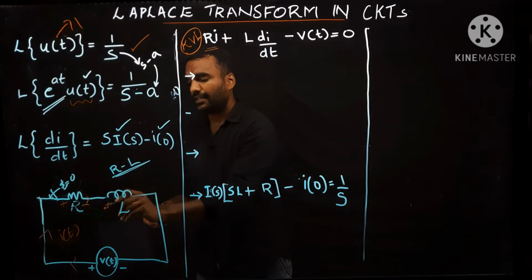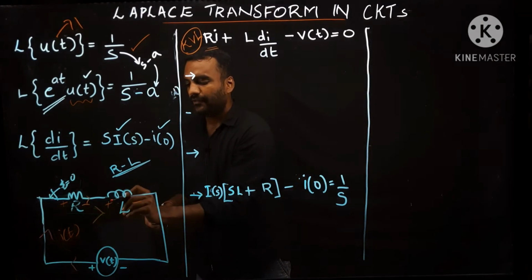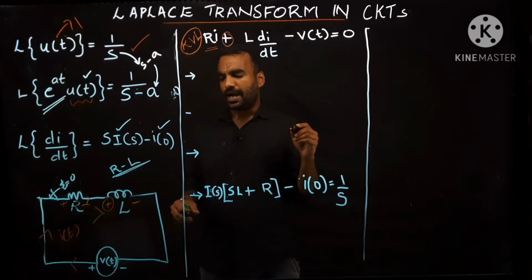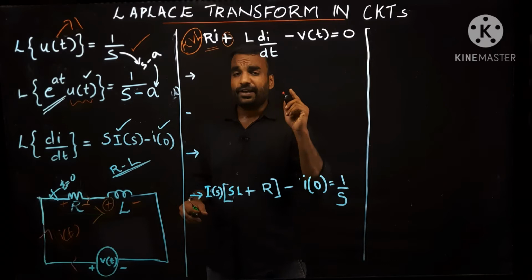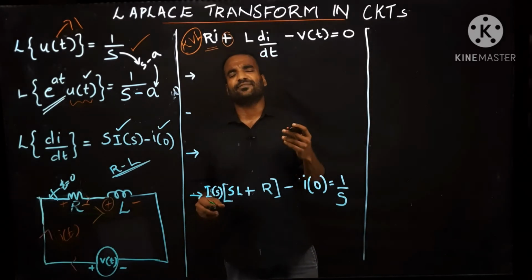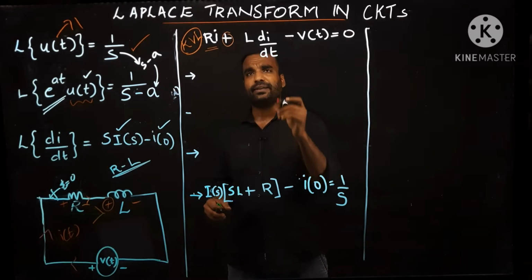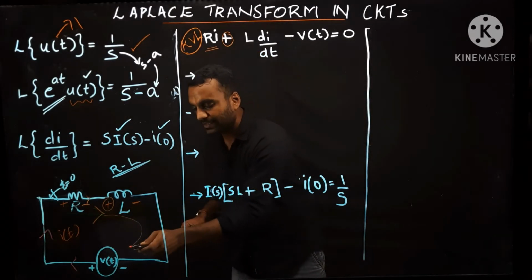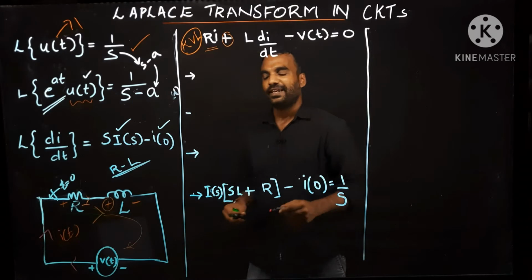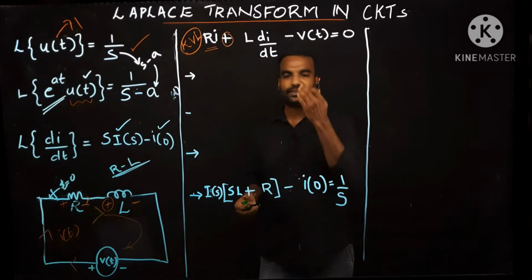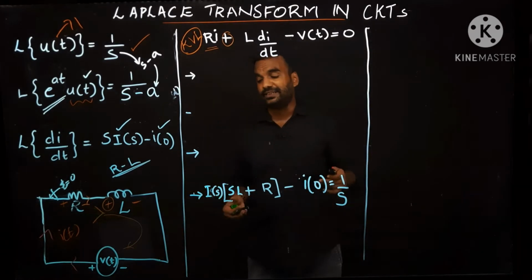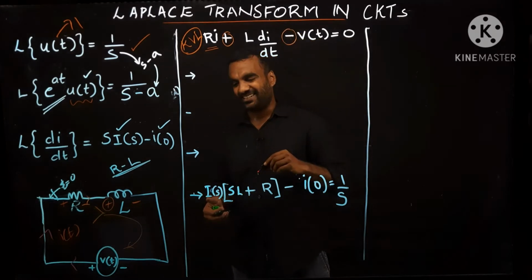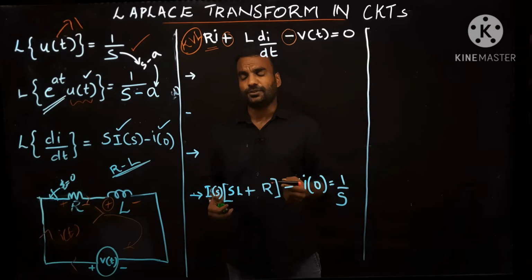Here also, as per this direction, we are seeing the positive terminal first, so positive: Ri plus voltage of an inductor, L di by dt. Again we are coming in this direction; initially we are seeing the negative terminal of this voltage source, so we put minus: minus V of t is equal to 0.